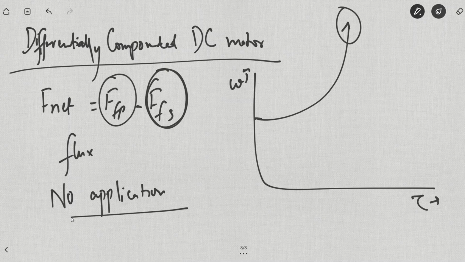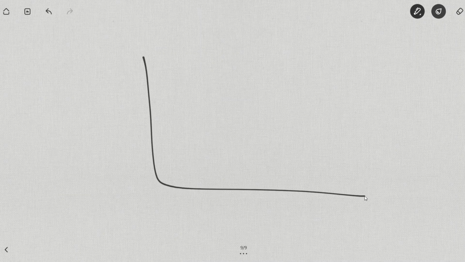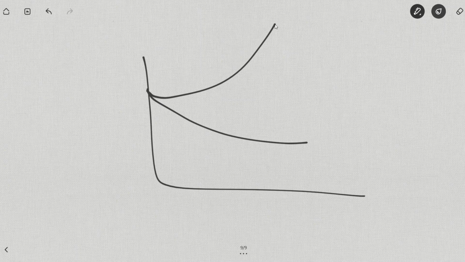So this is about the torque speed characteristics of a differentially compounded and cumulatively compounded DC motor. Now, if we combine the two torque speed characteristics, for a cumulatively compounded DC motor the torque speed characteristic is somewhere like this, and for a differentially compounded DC motor the torque speed characteristic is something like this.